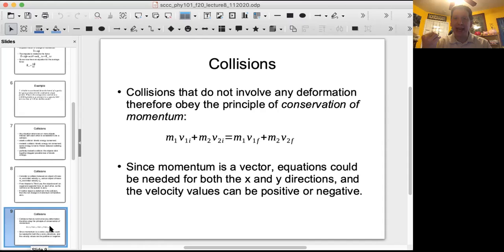You need to take those positives and negatives into consideration when you're evaluating the momentum before the collision and then setting it equal to the momentum after the collision. That's very important, and it's something that keeps coming up in physics. Always keep track of your positives and negatives, especially if there are multiple dimensions involved.